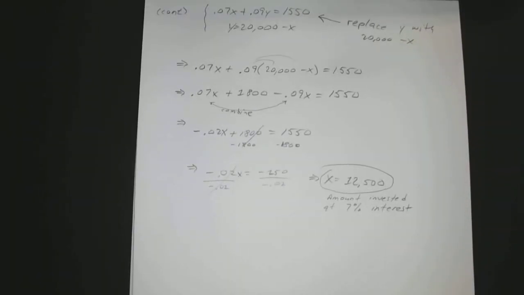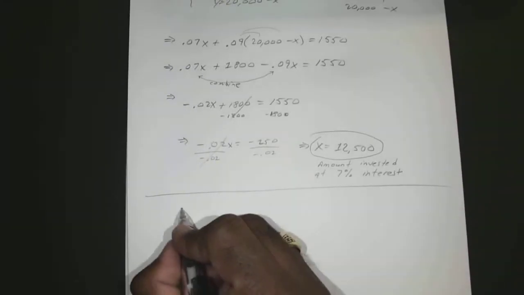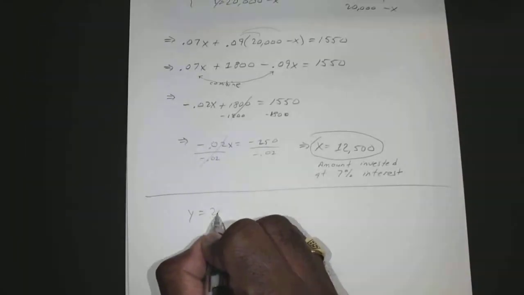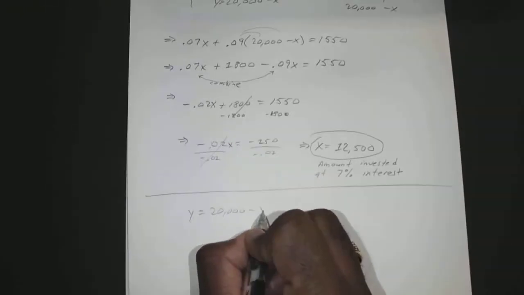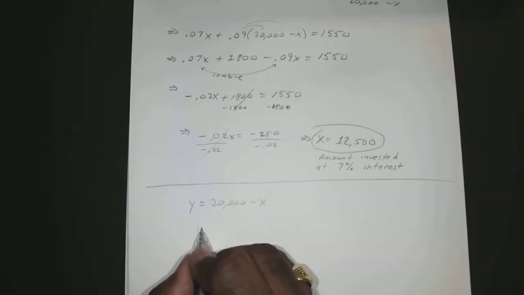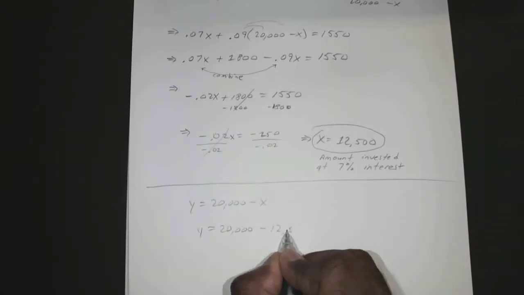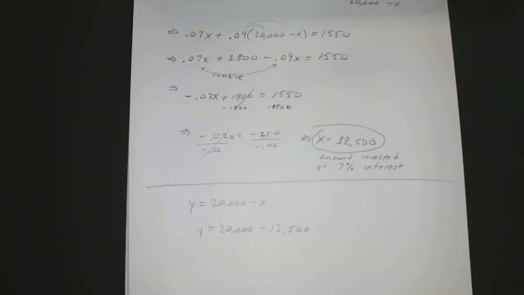All right. So any questions on that so far? Okay. So now we solve for y. Remember, y is just 20,000 minus x. So we know that y is equal to 20,000 minus 12,500. So y is equal to 7,500, which is the amount invested at 9%.